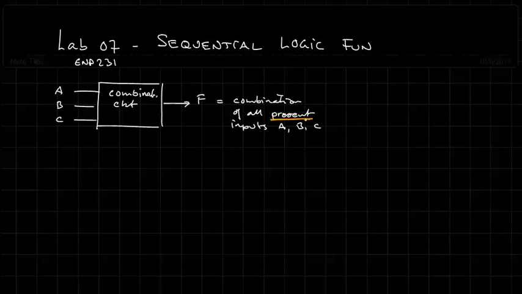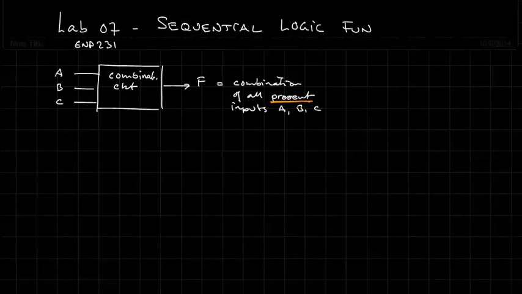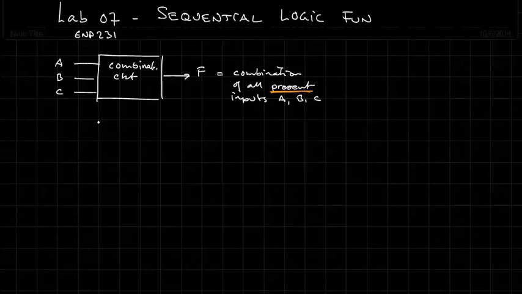Okay, so F depends only on the instantaneous and current or present inputs A, B, and C. That is fundamental to combinational logic, and it is also what distinguishes it from sequential logic.